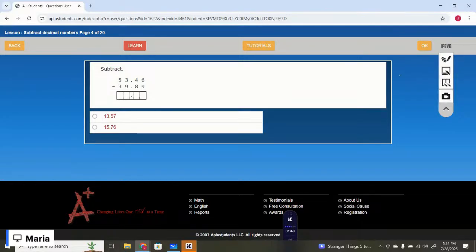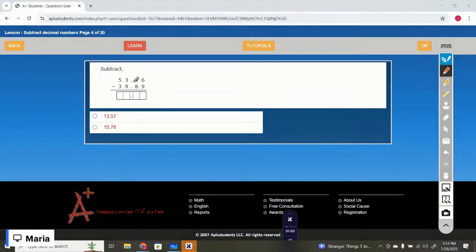53.46 minus 39.89. So we cannot subtract 6 out of 9. We need to carry 16. Take away 9 is 7. That would be 13. Take away 8 is 5. 12 take away 9 is 3.